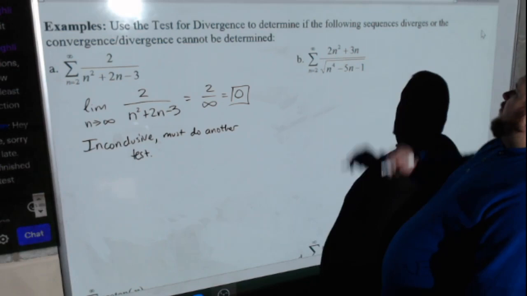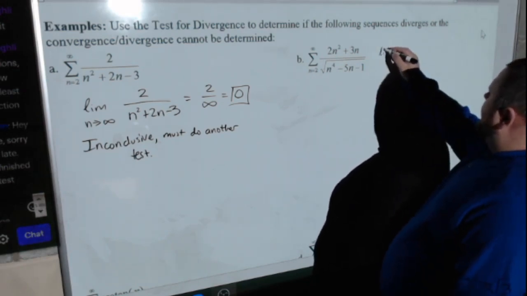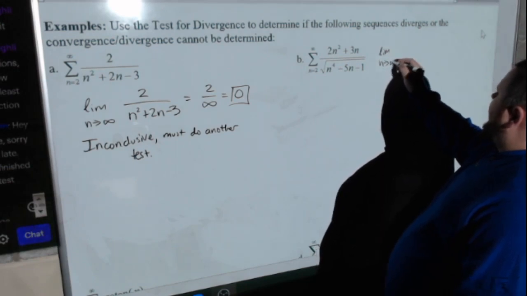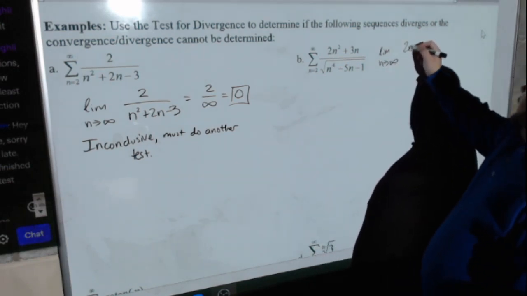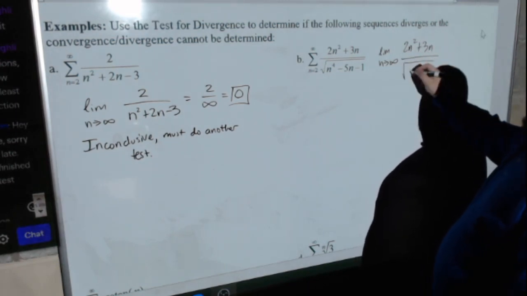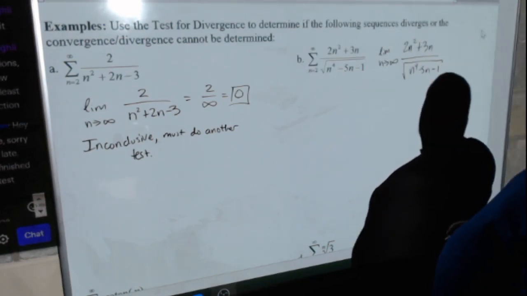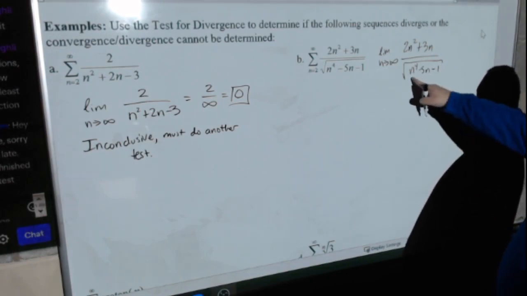We've got 2n squared plus 3n over the square root. So again, I need the limit as n approaches infinity. Now this time you might want to divide through by the highest power of n in the denominator.